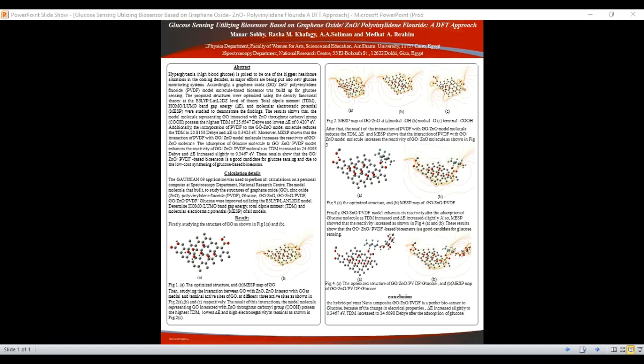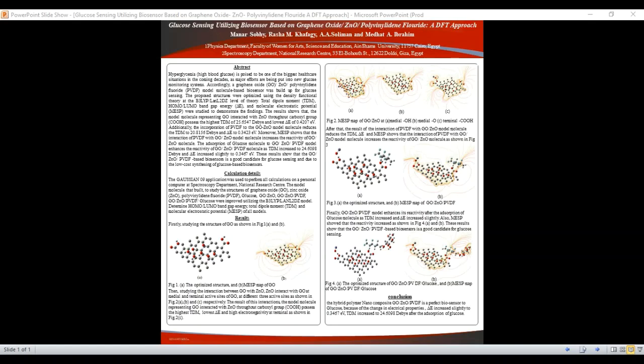Additionally, the incorporation of polyvinylidene fluoride into the graphene oxide zinc oxide molecule reduces the total dipole moment and HOMO-LUMO band gap energy. Moreover, the molecular electrostatic potential shows that the interaction of polyvinylidene fluoride with the graphene oxide zinc oxide model molecule increases the reactivity of the graphene oxide zinc oxide molecule.